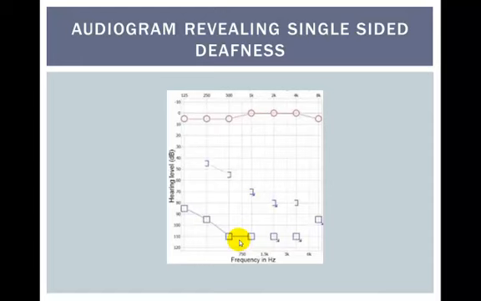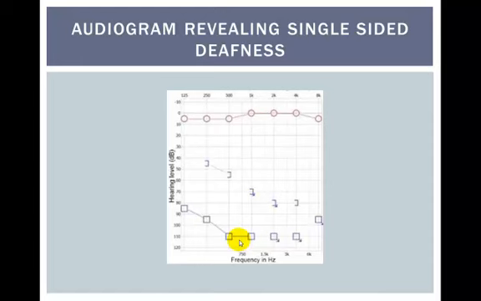Before we go on, there is another type of hearing aid that is non-surgical when we have single-sided deafness. It's called a CROS hearing aid, and that stands for contralateral routing of signal.